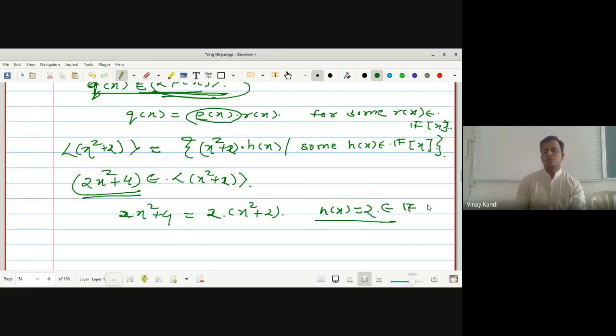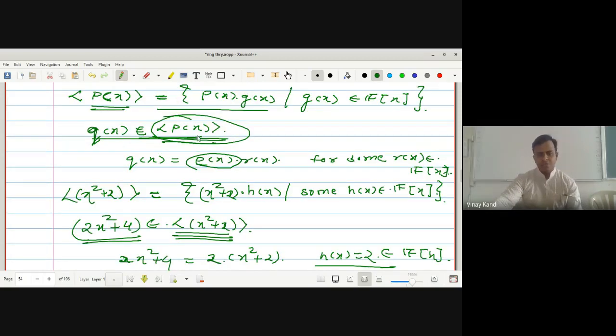This belongs to this F of x. So any element of the ideal generated by this polynomial, we can write in the form x square plus 2 into h of x. We have described the nature of the ideal generated by p of x.